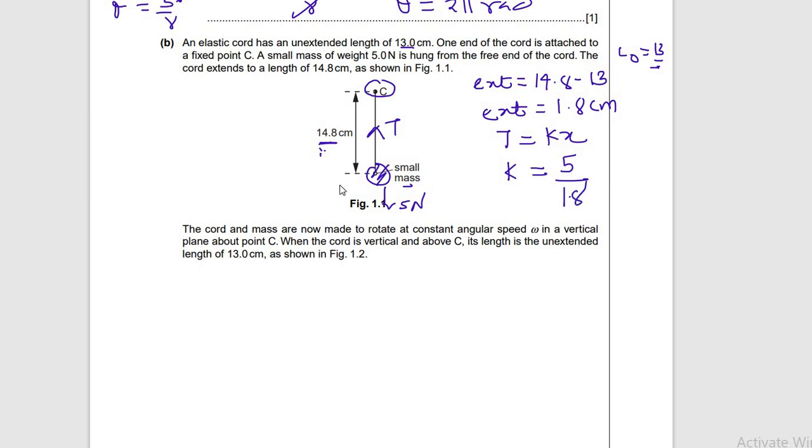So 5 divided by 1.8, we have 2.8. So the force constant is 2.8 Newton per centimeter. That's it. The tension here is equal to the weight. Once the mass is displaced downward, it can only displace up to the strength of the tension. At the point it stops, the tension is equal to that weight. So that's why I use 5 Newton.